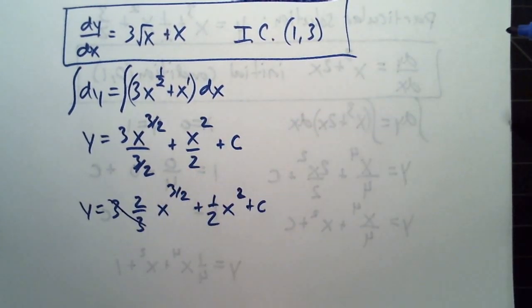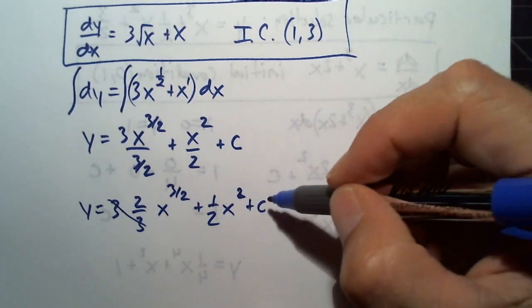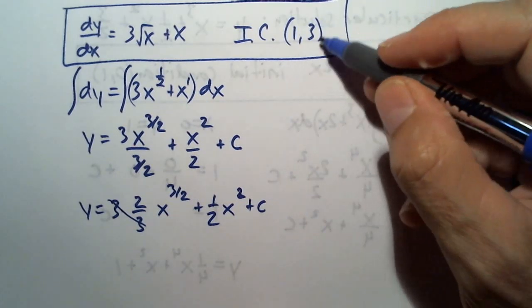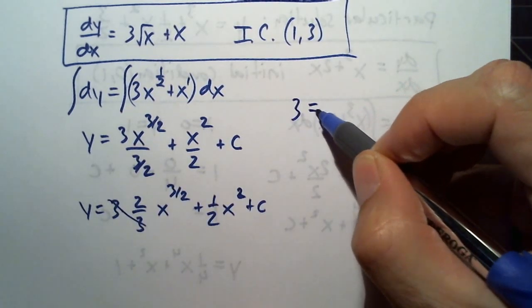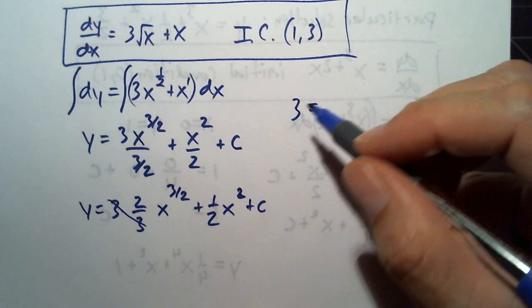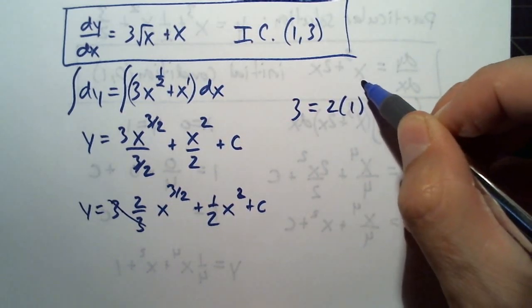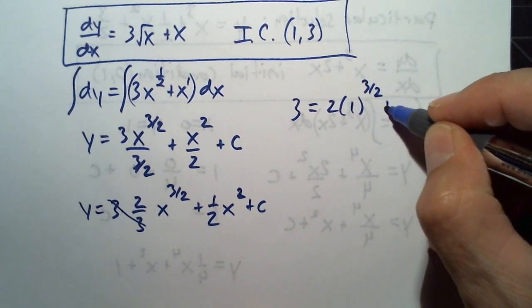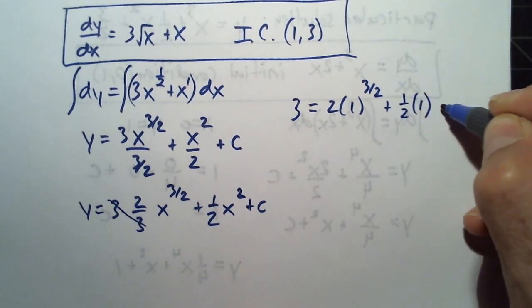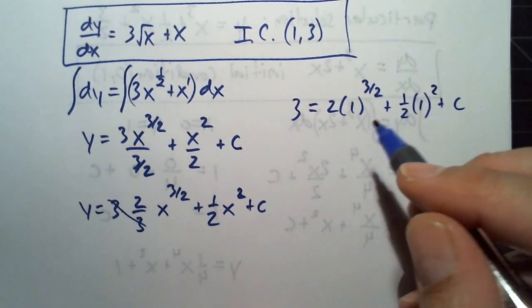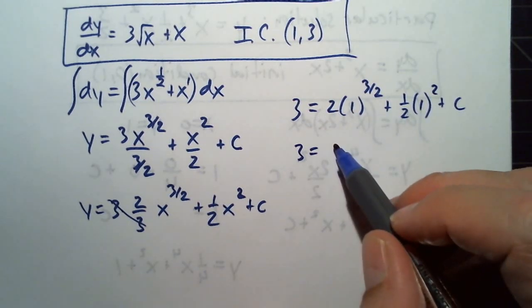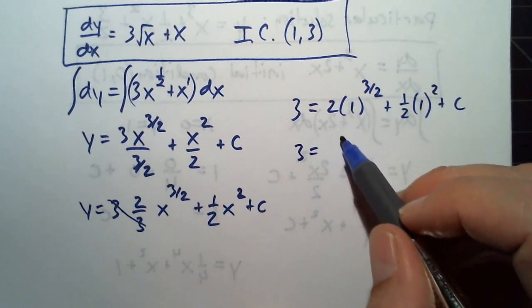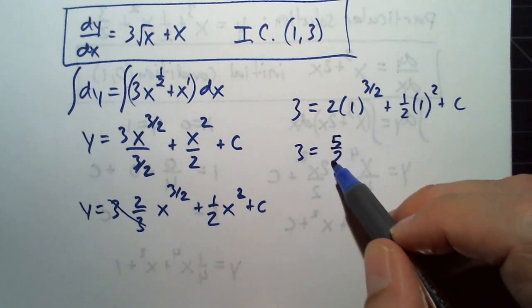We can cancel that, and now we solve for c using the initial condition. So y equals 3. And now we have 2 times x plus 1/2 times x plus c. So that'll be 2 plus 1/2. 2 1/2, let's say that's 5 over 2.